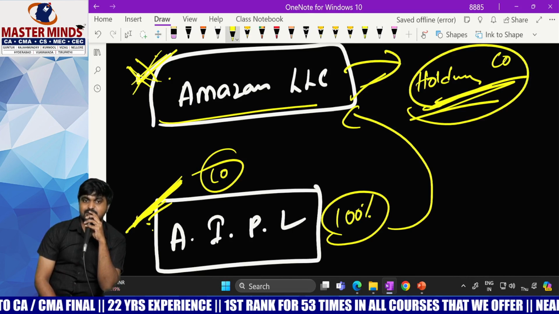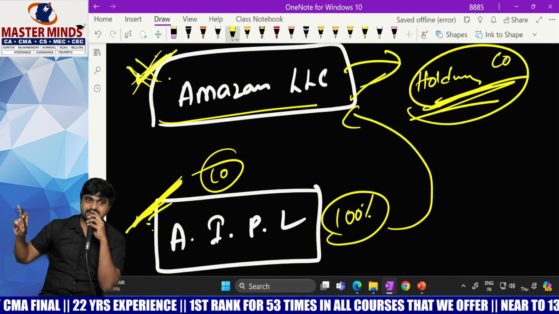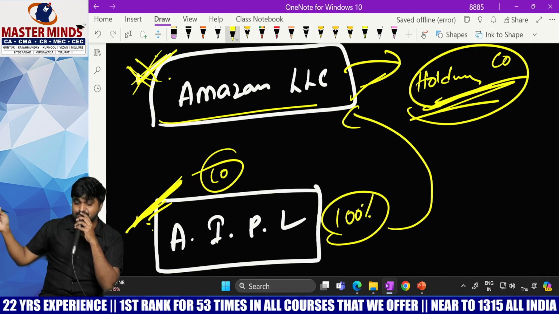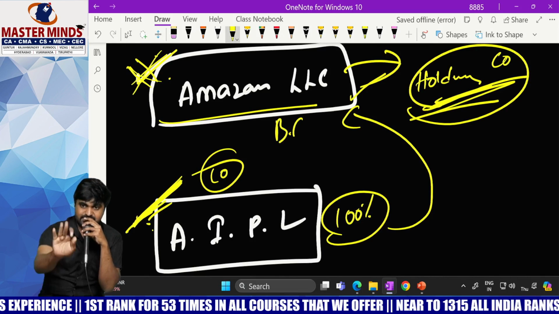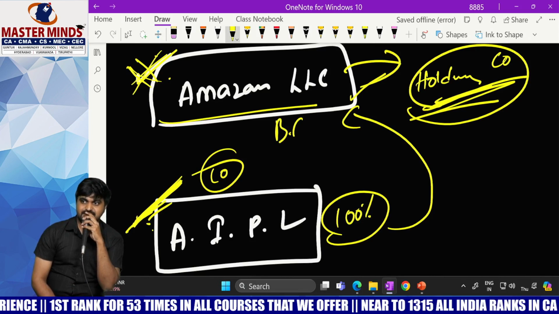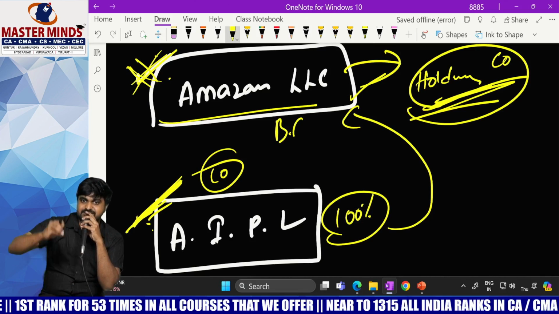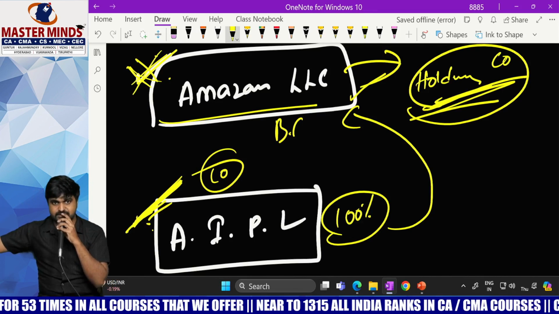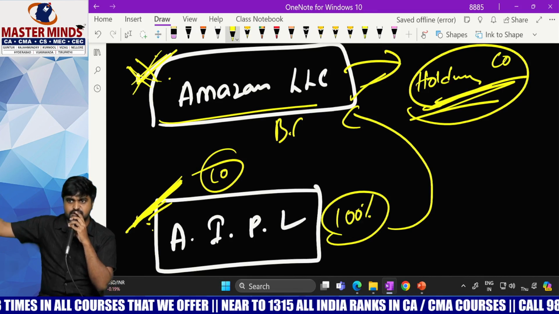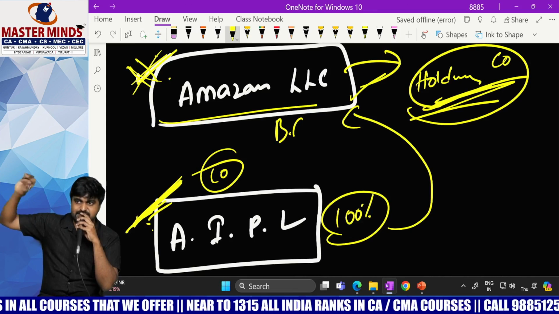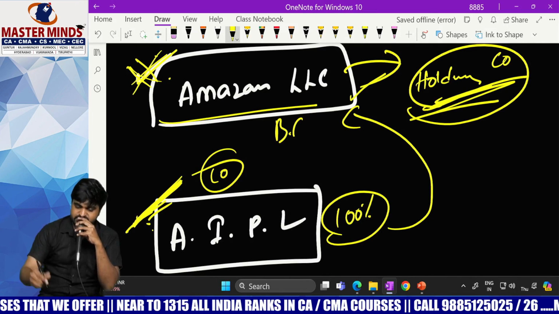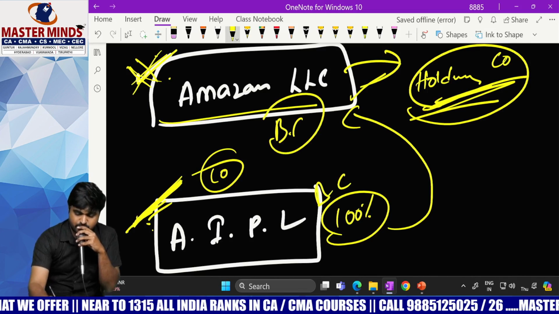Very simple answer. For the purpose of this section, company includes body corporate. So here it is a body corporate. Why is it called a body corporate? Any business organization created by law is called a body corporate, whether it may be Indian law or foreign law, whatever it may be. So this is a body corporate and this is a body corporate.